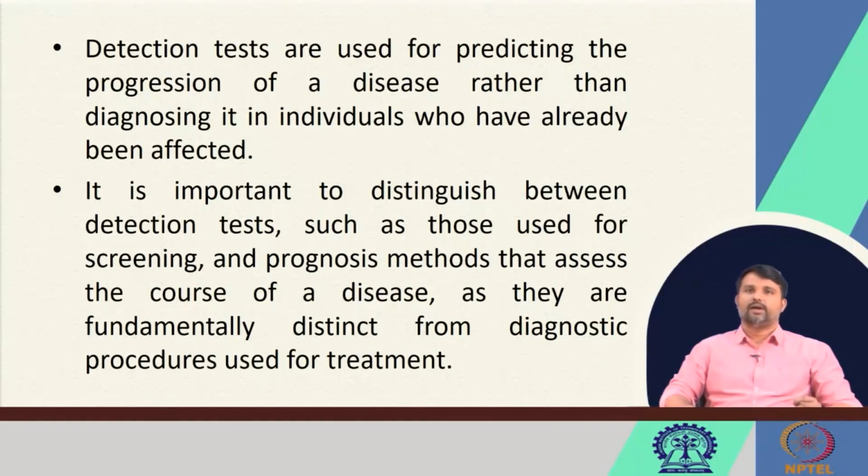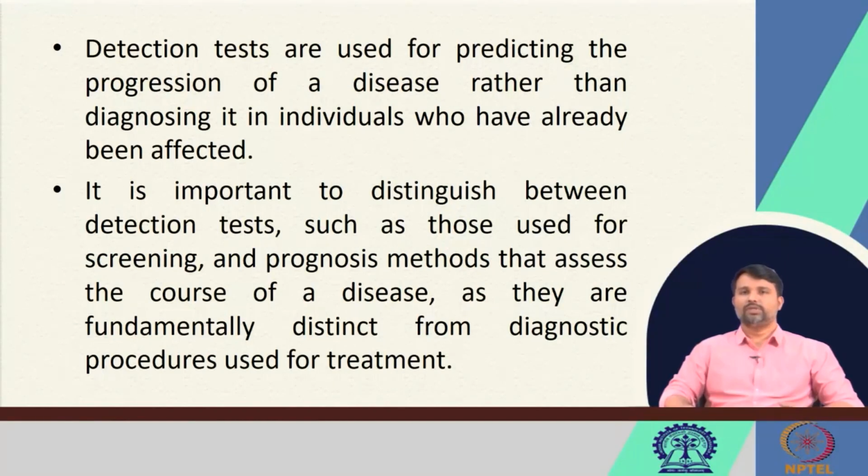Detection tests are used for predicting the progression of the disease rather than diagnosing it in individuals who are already affected. It is important to distinguish between detection tests, such as those used for screening, and prognosis methods that assess the course of disease, as they are fundamentally distinct from diagnostic procedures used for treatment.